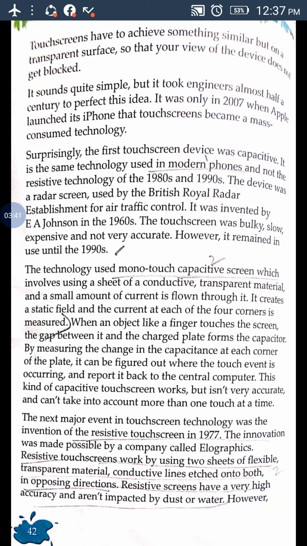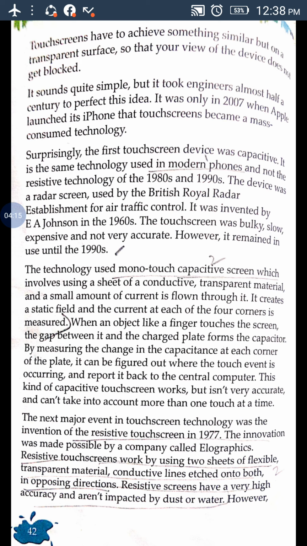So who first brought it up? It was 2007, the year 2007, when Apple first launched its iPhone with the touchscreen technology. Okay. Surprisingly, the first touchscreen device was capacitive. It is the same technology used in modern phones now and not the resistive technology of the 1980s and 1990s.